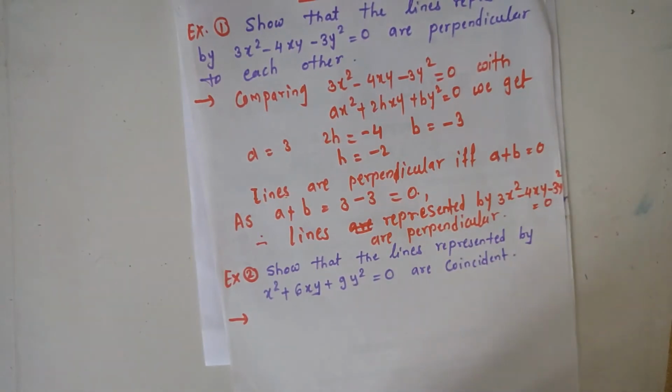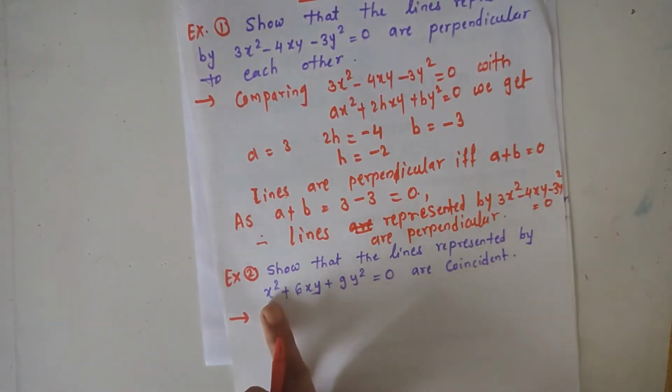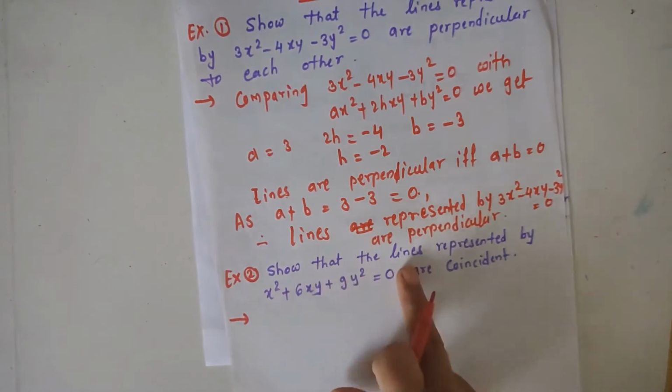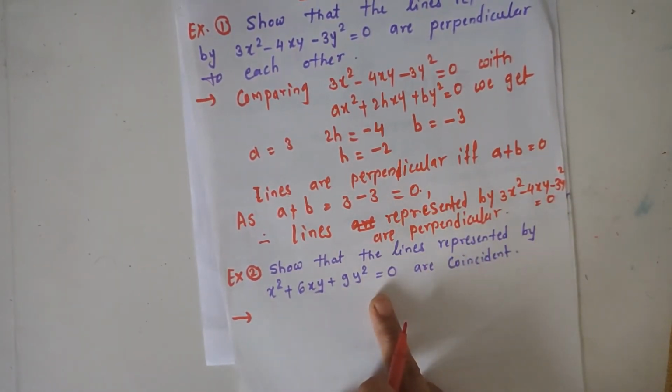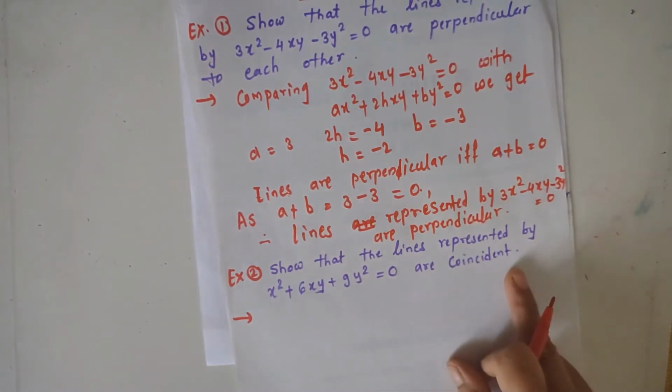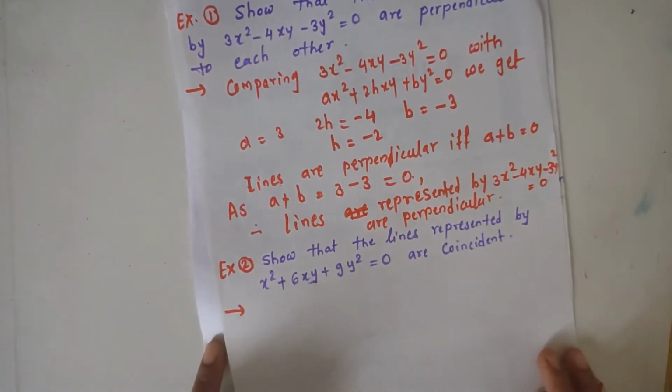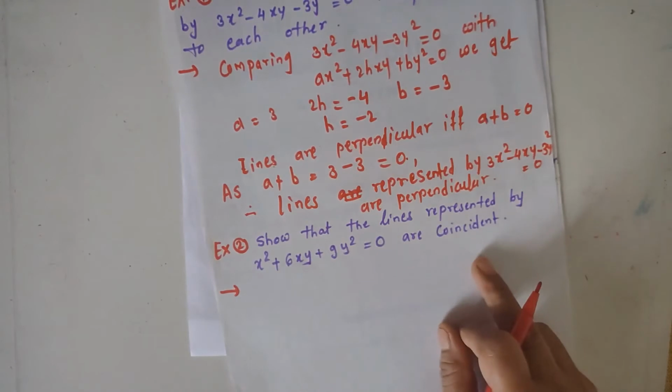Now see the next example. Show that the lines represented by this homogeneous equation of degree 2 are coincident. Similarly, we know that if lines are coincident, then the condition is h square minus ab is equal to 0.